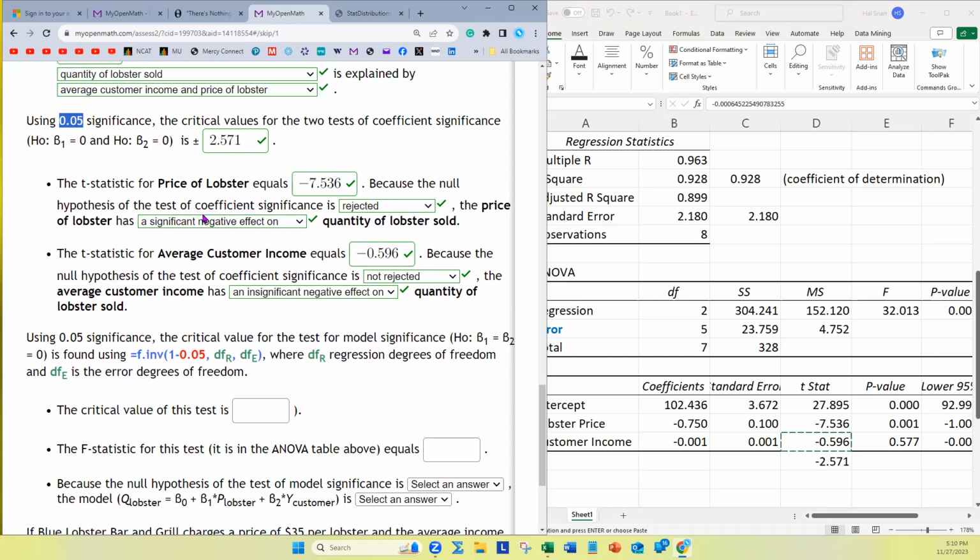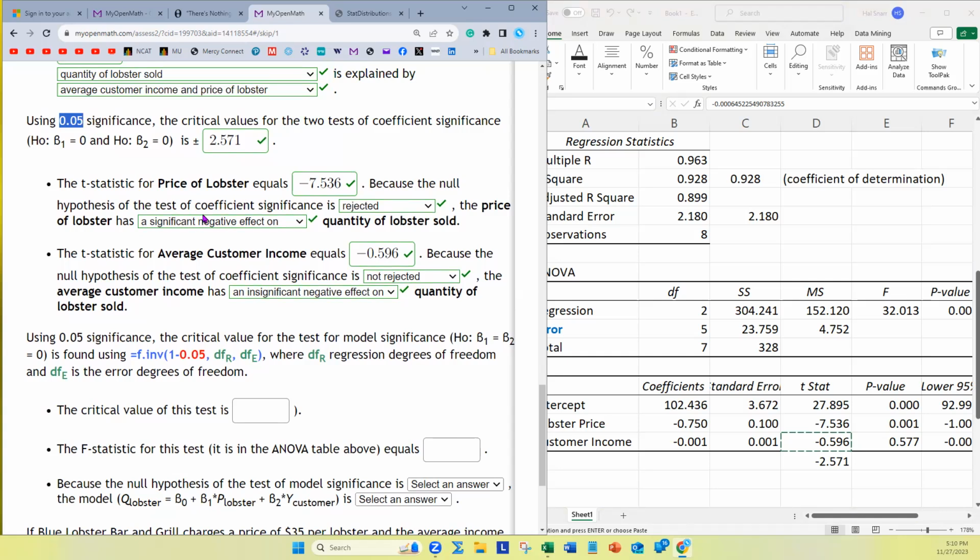So typically what most businesses use is 5% significance. And if you're selling lobster, 5% significance is good. If you're selling a vaccine, maybe you want to use 1% significance, right?